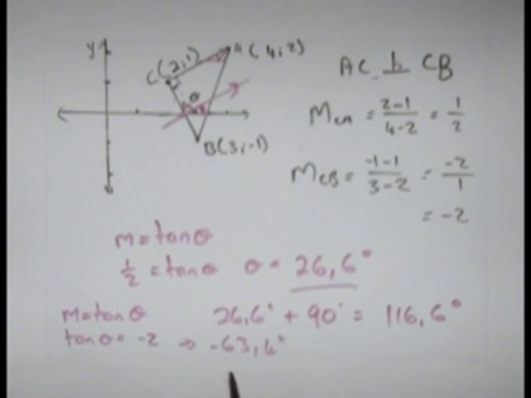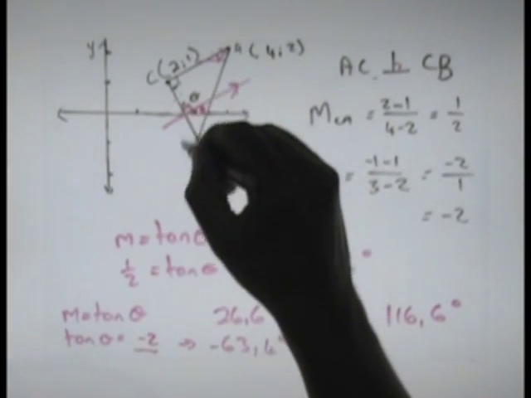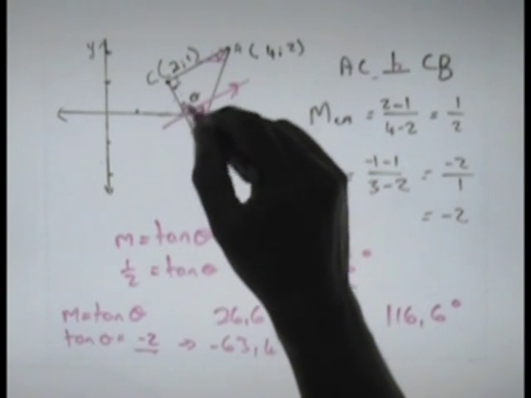Now the reason it does that is because our scientific calculators only work in one quadrant, quadrant 1. Alternatively, if we have something like this, they're going to stretch themselves to work in another quadrant, which is quadrant 4. However, you can see here that that angle is really in quadrant 2.